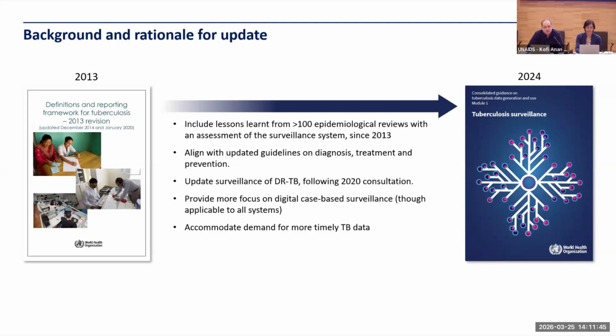We also took the opportunity to provide more of a focus on digital case-based surveillance because since 2013, there's been a lot of work done in this space and a lot more countries using digital case-based surveillance for TB. And then we also made an update in order to accommodate the increasing demand for more timely TB data.